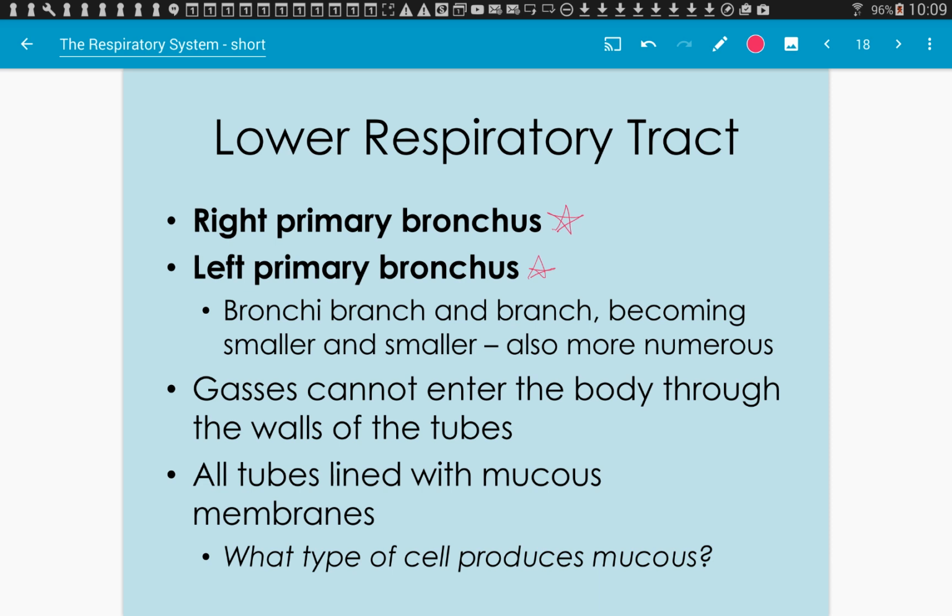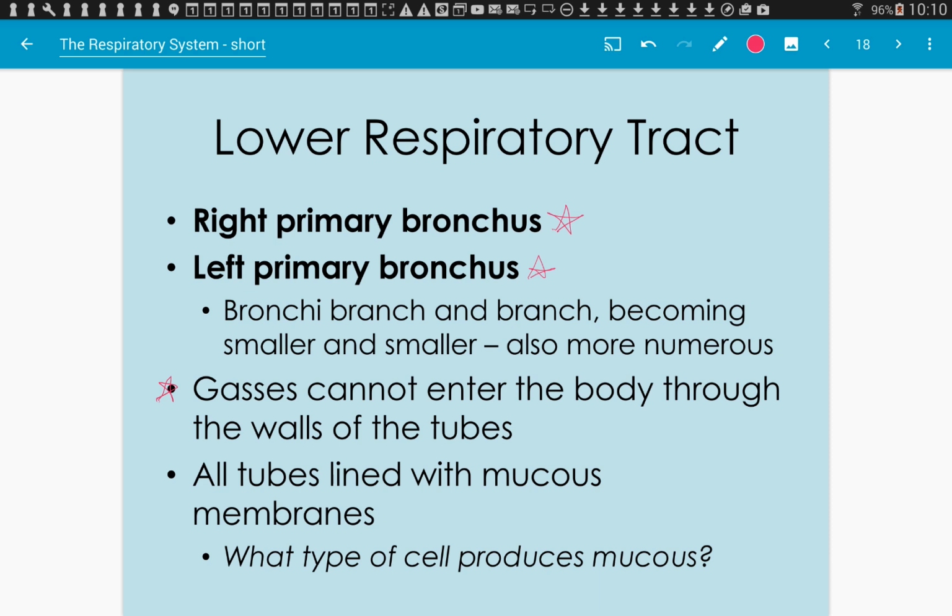Notice they branch and get smaller and smaller. When they get small enough, instead of being a bronchus, we call it a bronchiole because it's smaller. An important thing to remember is that the only place where gas exchange can occur is across the respiratory membrane, which is in the alveoli. So for all of these tubes, the bronchioles and the bronchi, gas exchange cannot occur there.